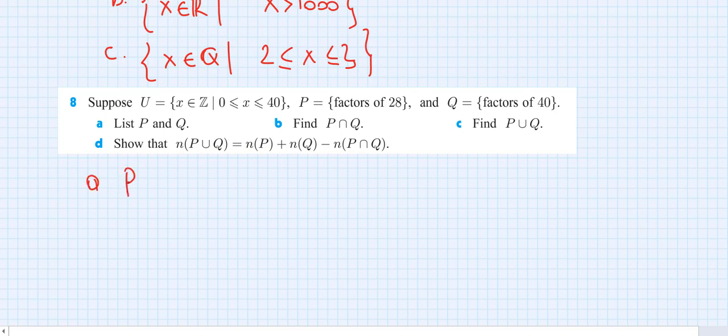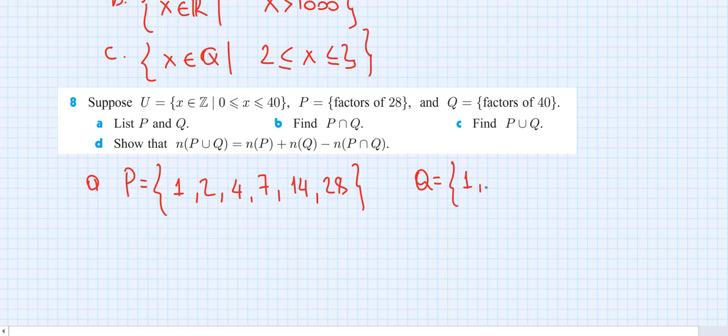Let's list the P. What are the elements of P, the factors of 28? Starting with 1, 2, so you have to go with the numbers which divide 28 without a remainder. 4, then it goes 7, then what's next? 14, and 28 itself.